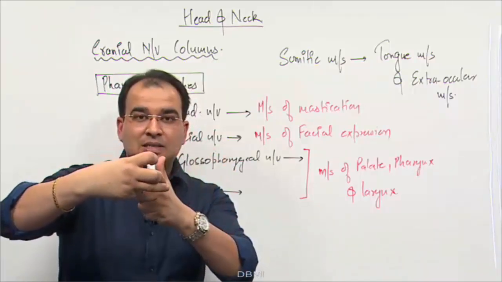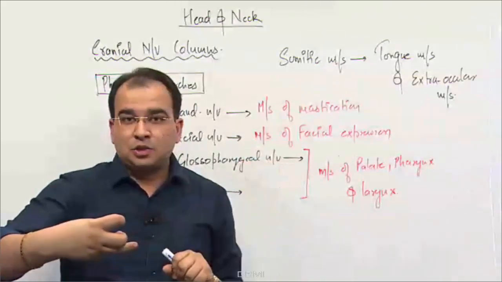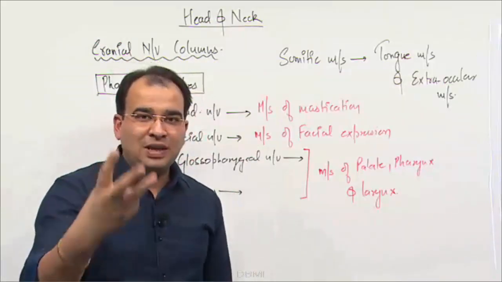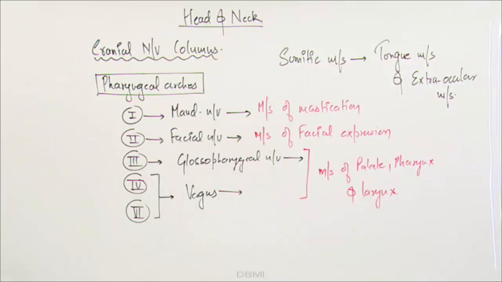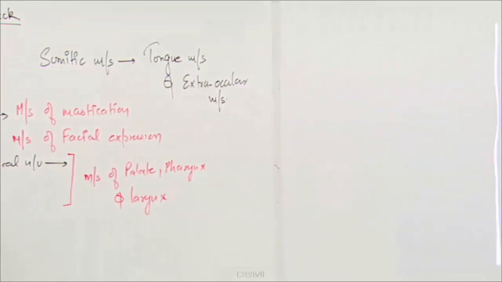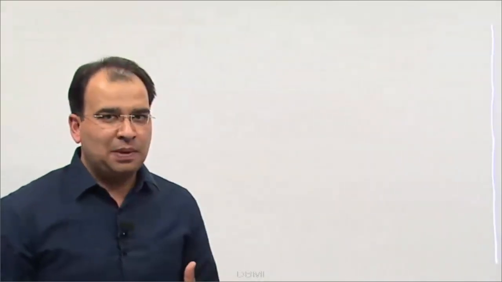Then we have to supply the skeletal muscles which are non-pharyngeal arch, that is from the somites, and then we have smooth muscles and glands. So we have three efferent columns which we will now talk about. Keep that in mind: two types of skeletal muscles, and then smooth muscles to be supplied in the head and neck.